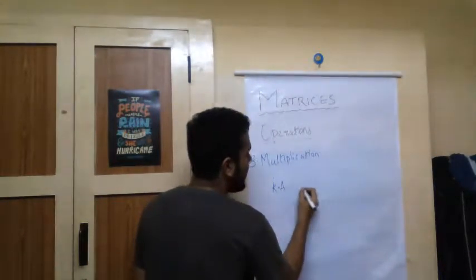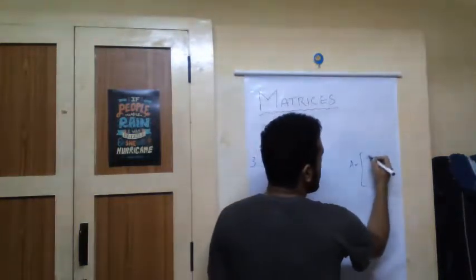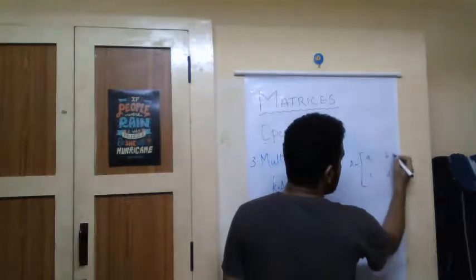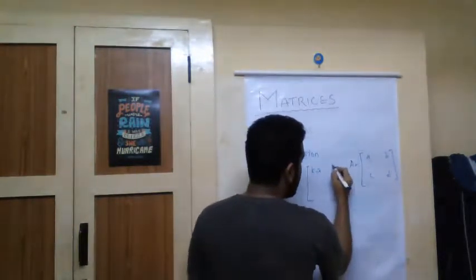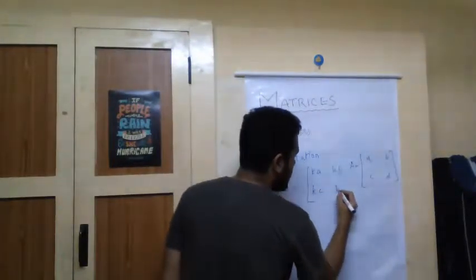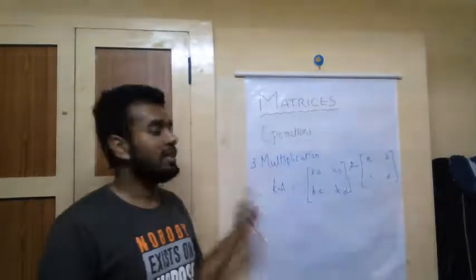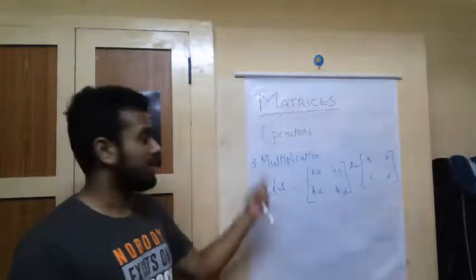If A was [A B; C D], then K into A would be [KA KB; KC KD]. So multiplication with a scalar means you multiply that scalar with each and every individual element in that matrix. That's basically it.